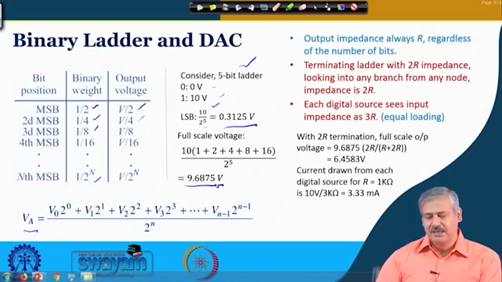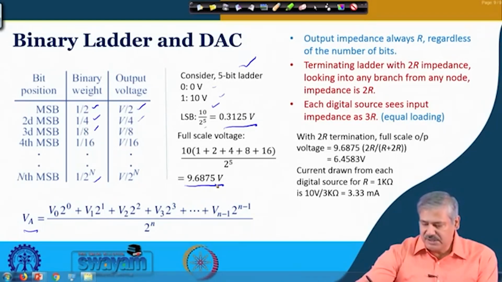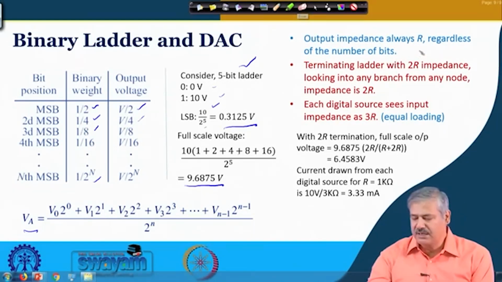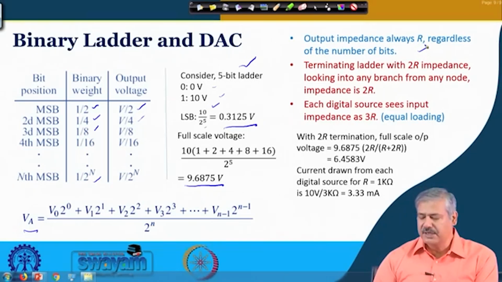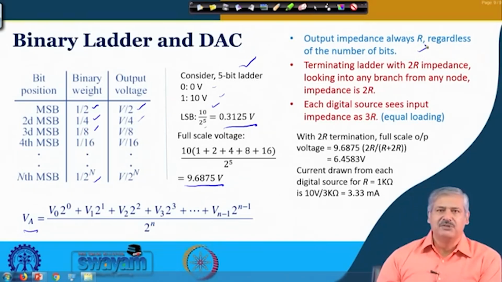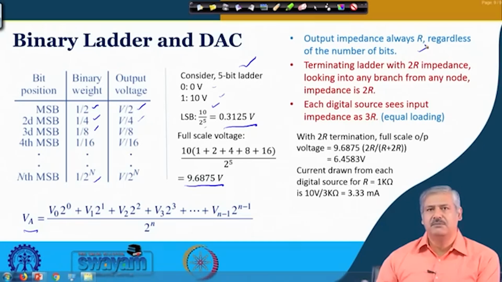Okay. So, a few interesting things about this ladder based DAC. In this case the output impedance is always R regardless of the number of bits. And here we have seen the termination part that we have not discussed.